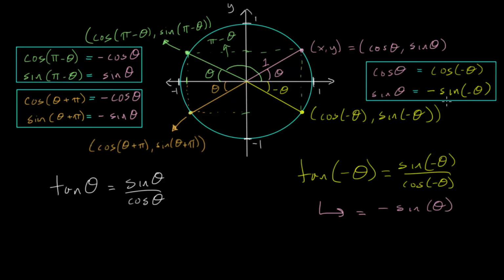We essentially just use this identity and move the negative to the other side. And when you put in the opposite of theta into cosine, you just get back the cosine of theta. The cosine is an even function, and the sine function is an odd function. When we simplify this, we get the opposite of the tangent of theta.